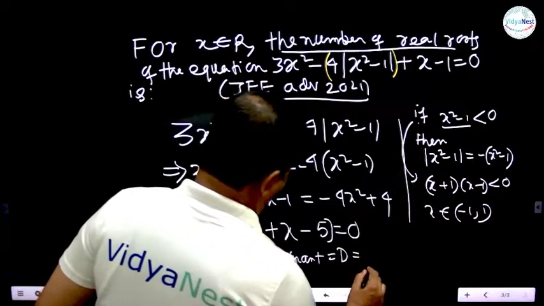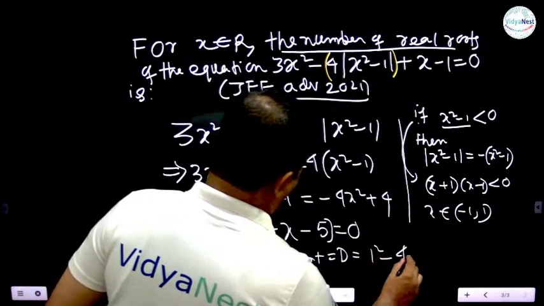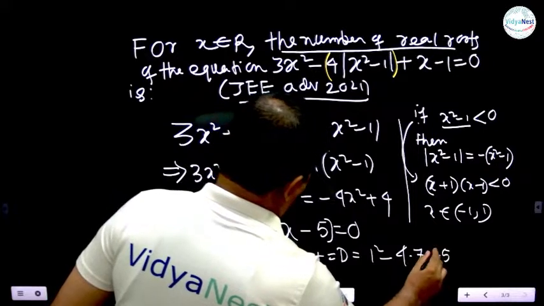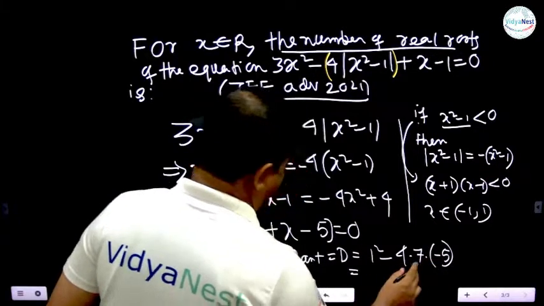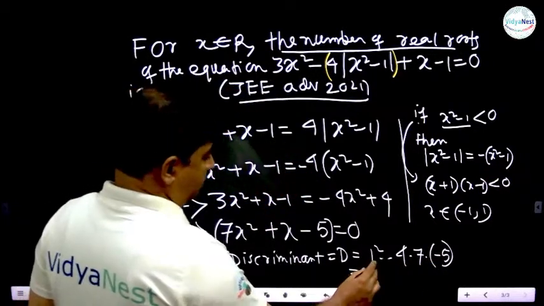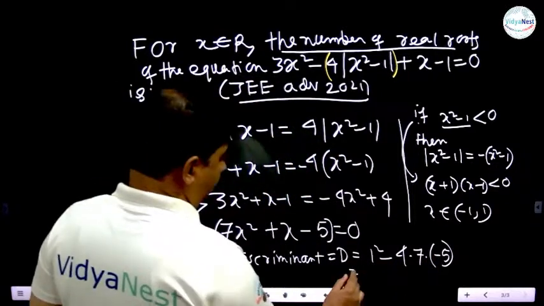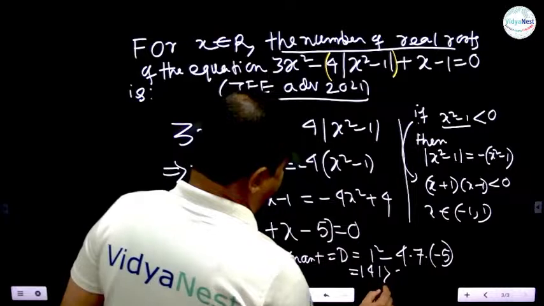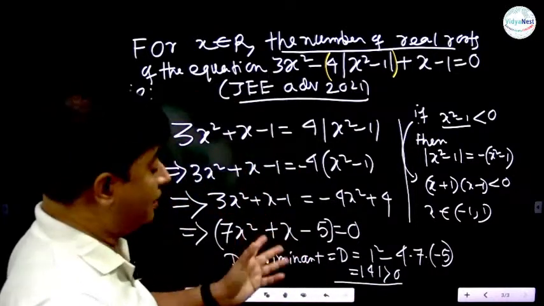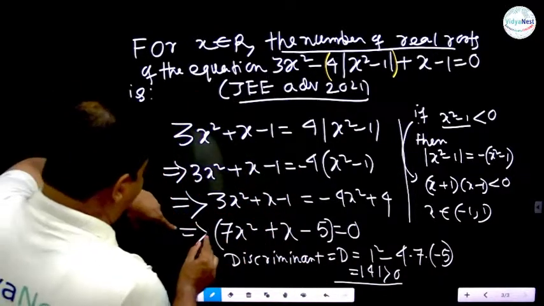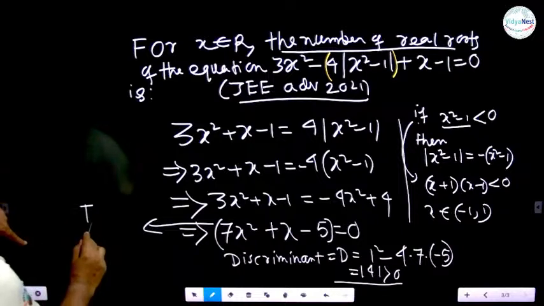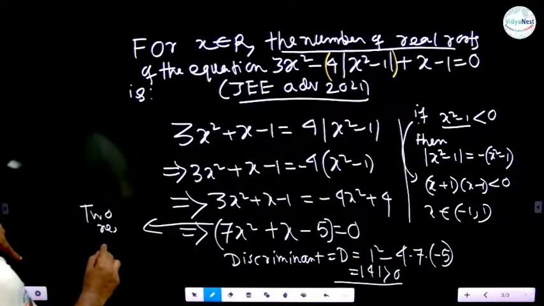b square minus 4ac, that means 141. I think 141 greater than 0. So अगर डिस्क्रिमिनेंट ग्रेटर देन 0 हो जाए तो ये क्वाड्रेटिक का 2 रियल रूट्स है कि नहीं? Yes, sir.